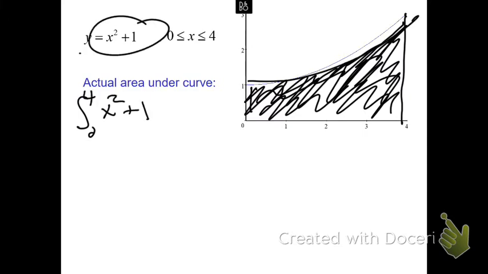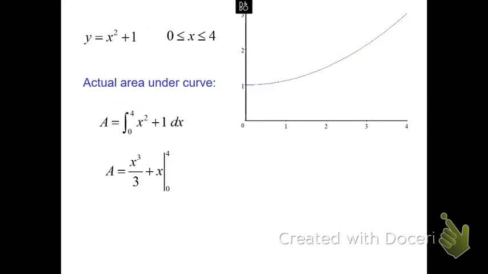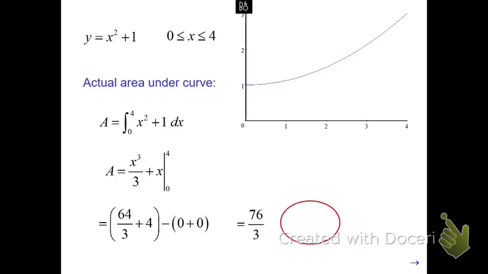Okay, that's the exact area under the curve. And we know how to do that integral. We do the antiderivative, then plug in 4 and plug in 0 and subtract. Oops, this is a little out of order. Okay, so that's the exact area under the curve, the entire shaded region from the curve to the x-axis. Alrighty, so that's the exact answer.